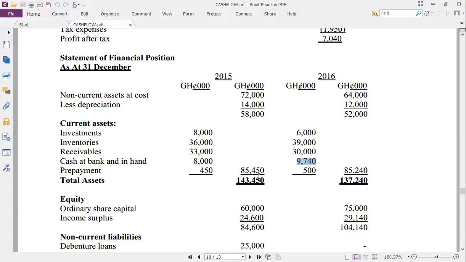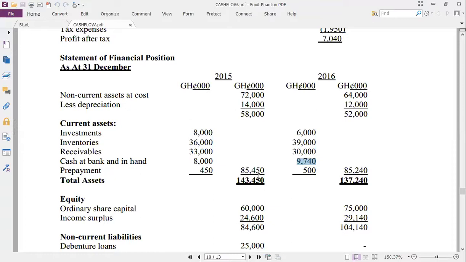So they've issued shares during the year, for a value of 15,000. Let us be factual: when share capital increases, it does not necessarily mean they've received cash. They can issue shares for free. Bonus shares are there. So normally a good examiner informs us that they've issued shares for cash or for bonus.